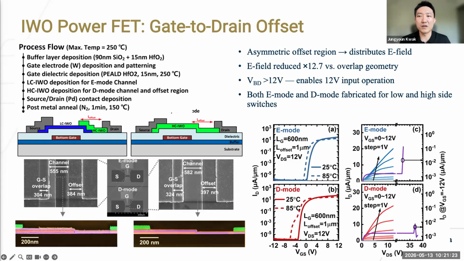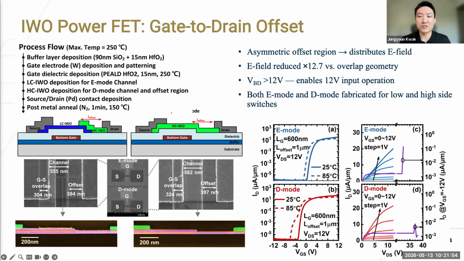Both devices are made by atomic layer deposition below 400 Celsius, fully compatible with back-end-of-line integration. The key structural feature is the asymmetric gate-to-drain offset region. The right figure shows the IDVG curve. The x-axis is gate-to-source voltage, and the y-axis is drain current on a log scale.